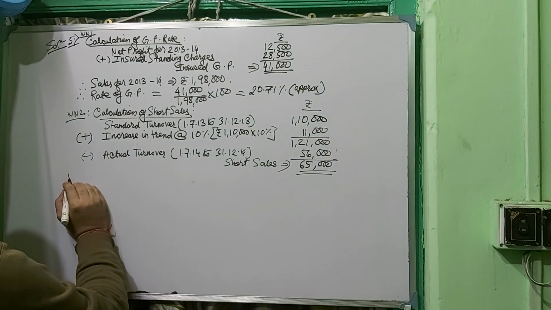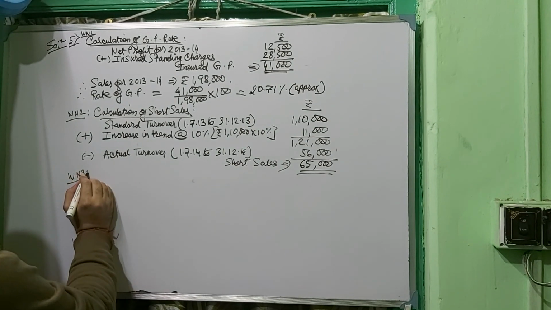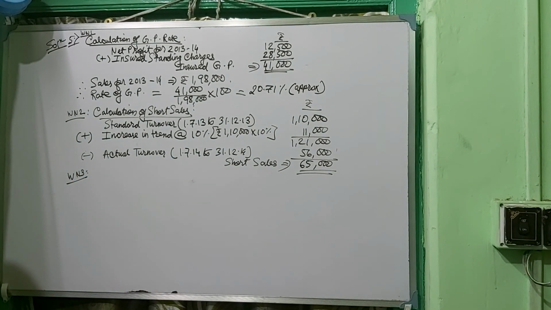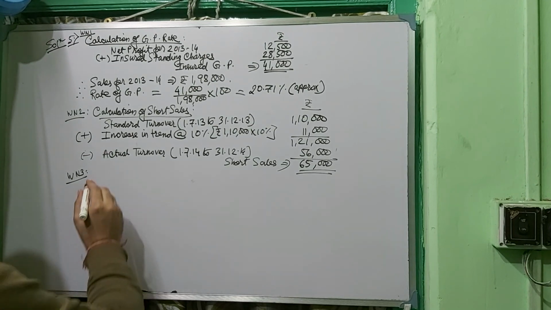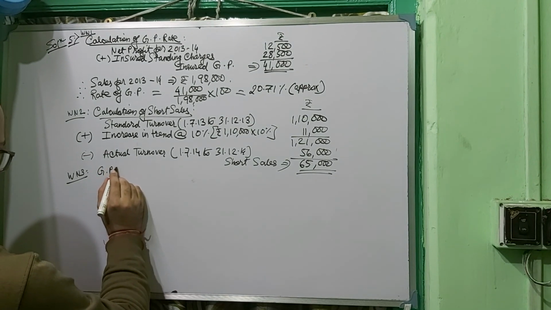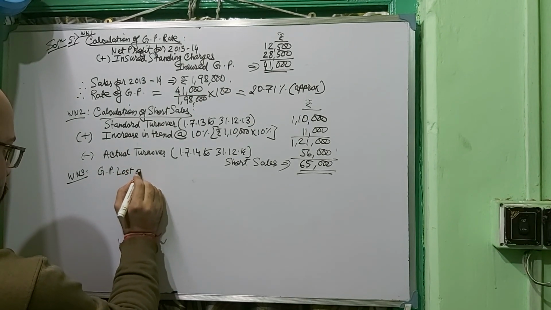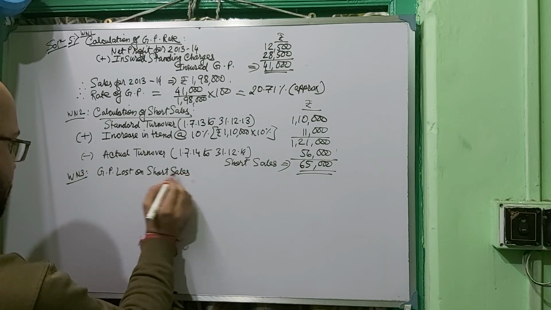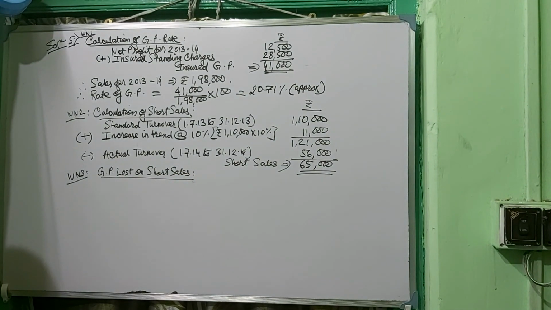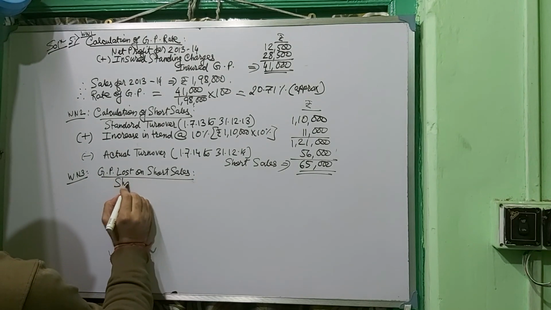Now, working note 3 is basically GP lost on short sales. What is the formula? Short sales into rate of GP.